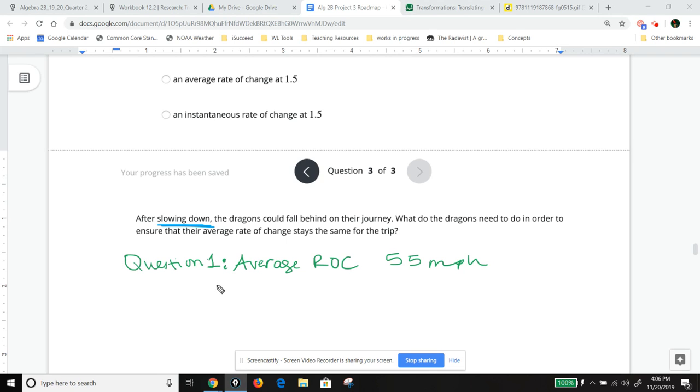So they need to speed back up and stay above 55 miles per hour. If we've slowed down a little bit, to make up the time we need to speed back up, and specifically to be above 55 miles per hour.